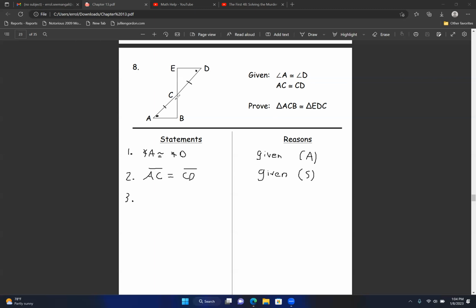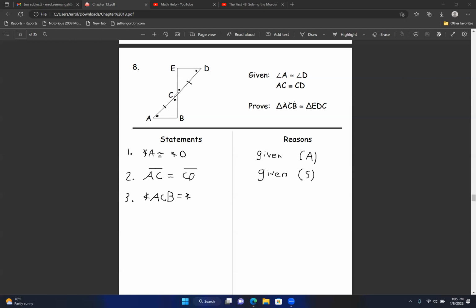This angle right here would be equal to this angle right here. Angle C is congruent to angle C. We'll say like this: angle ACB is equal to angle, what's this one right here? So look at the order, right? ACB. What should I write? EDC.